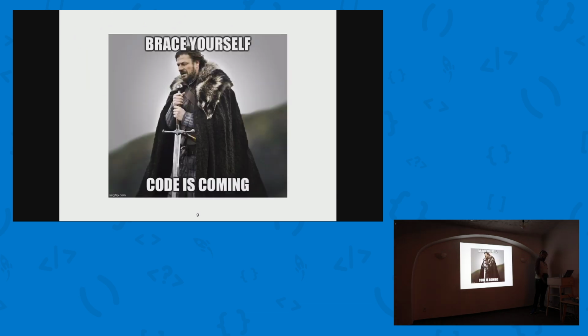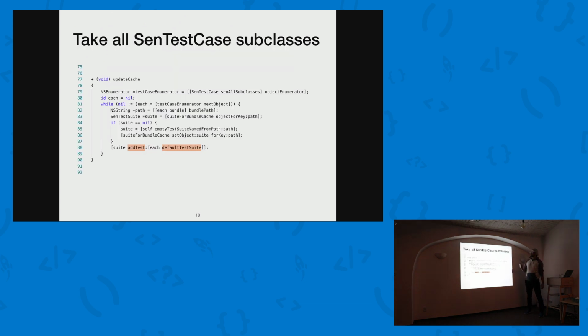So brace yourself. You don't need to read the code. It's here just because you wouldn't believe me. So here are some proofs. First of all, what is XCTest doing? We take all SenTestCase, XCTestCase children and get all their functions.